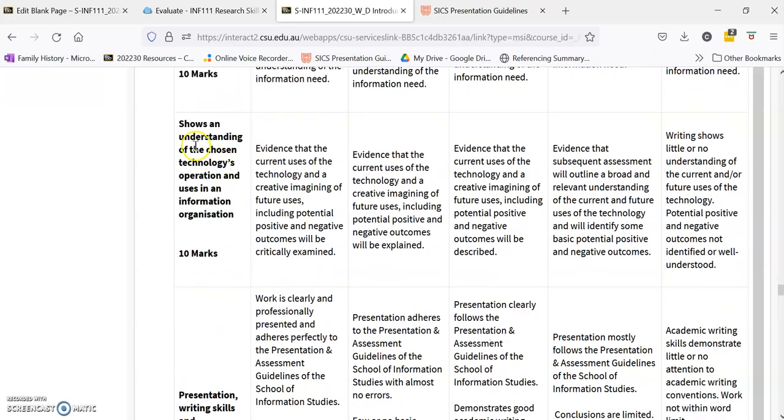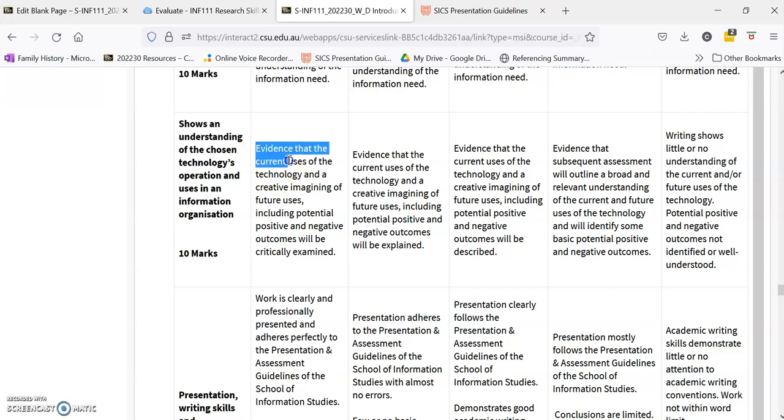The second bit is a bit about the technology. So this will be based on not only the items that you choose in your bibliography, so we can see that they're very relevant to your topic, but also that your introduction shows that you understand what you're going to be writing about.